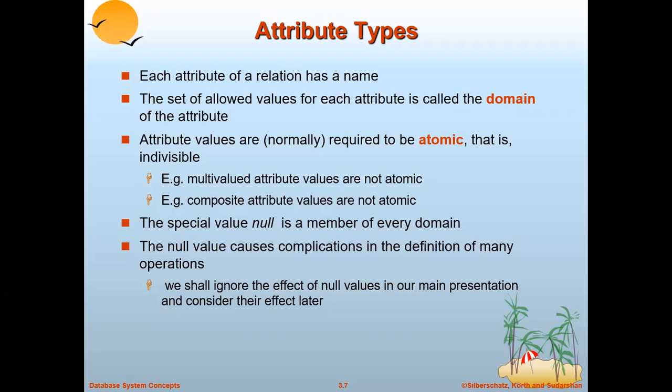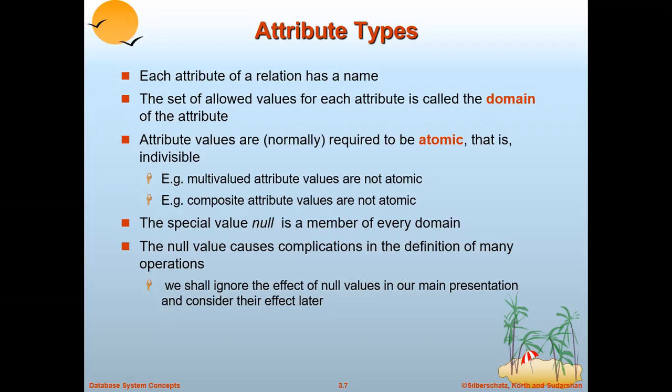Multi-valued attributes are not atomic in nature, so they are divisible. For a composite attribute value, we have shown a name, which we can divide into three parts: first name, middle name, and surname. So composite attribute values are also not atomic in nature. There are exceptions, but attribute values are required to be atomic. Maximum atomic values are good for the database.